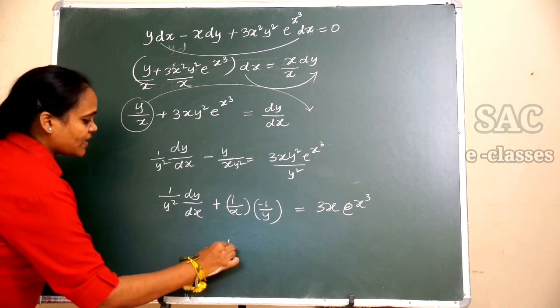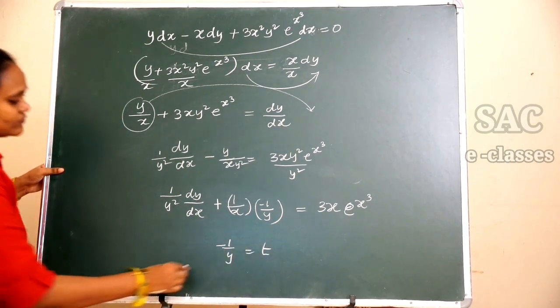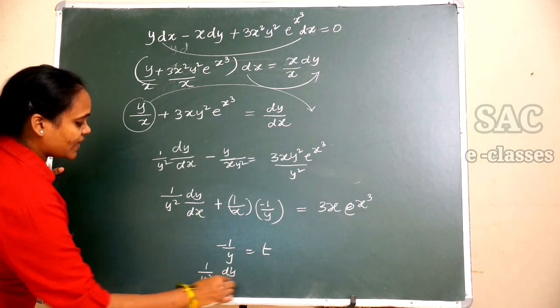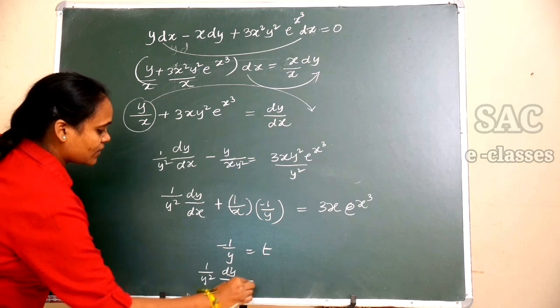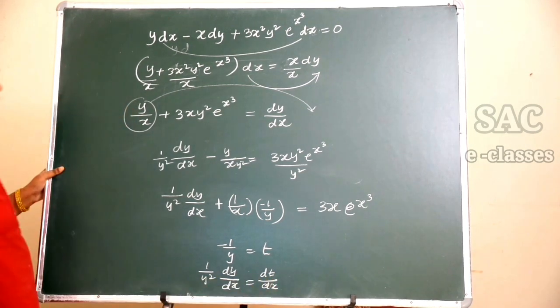By assuming minus 1 by y is some variable t, you will get 1 by y square dy by dx is equal to dt by dx. I am differentiating with respect to x.